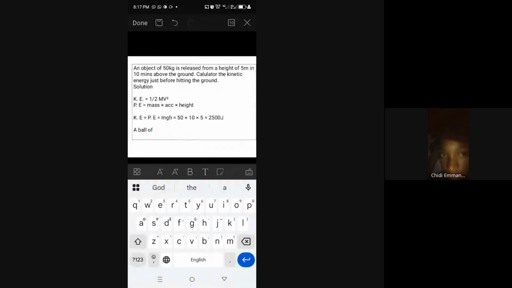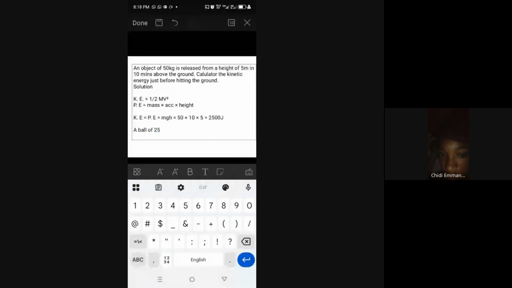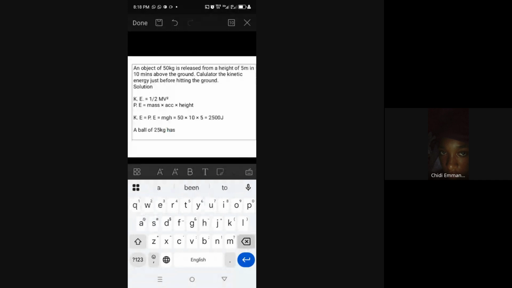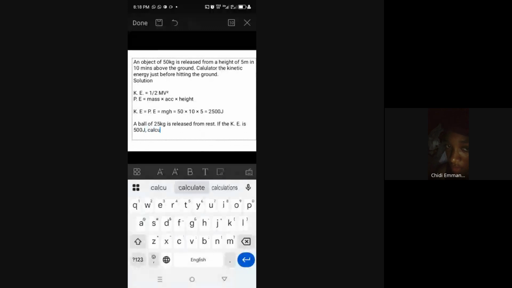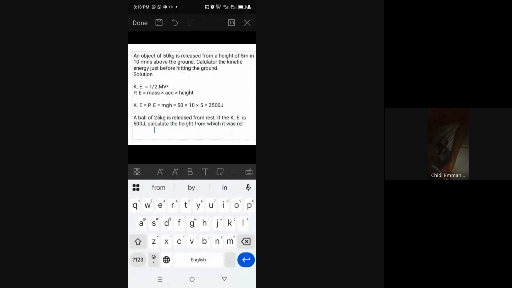A ball of 25 kg is released from rest. If the kinetic energy is 500 joules, calculate the height from which the ball was released.